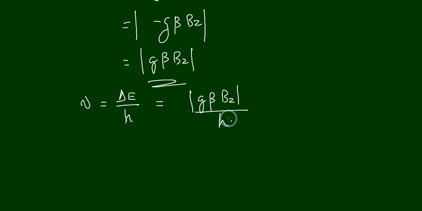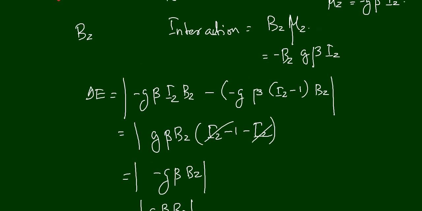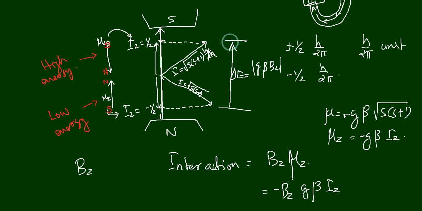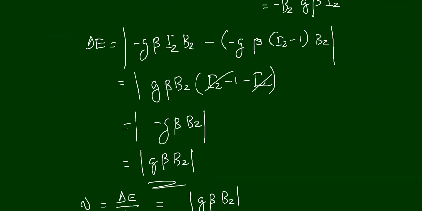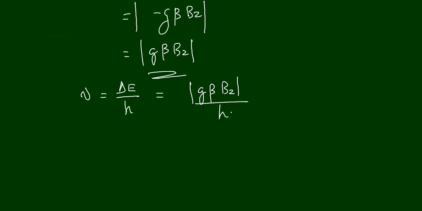If this frequency is given to the electron in the lower energy state, that electron will absorb this photon, and then it will make a transition to the higher energy situation. Corresponding to that, there is an absorption of energy, and this is what is leading to the ESR spectrum.